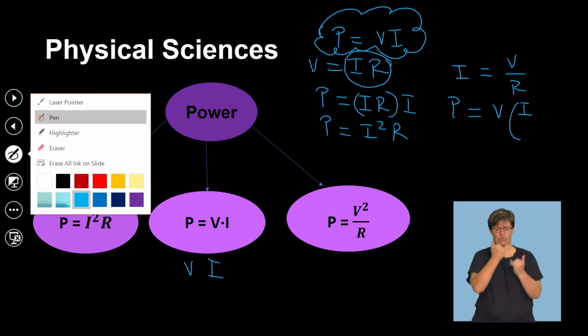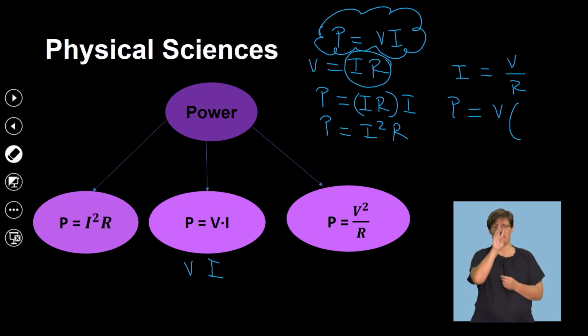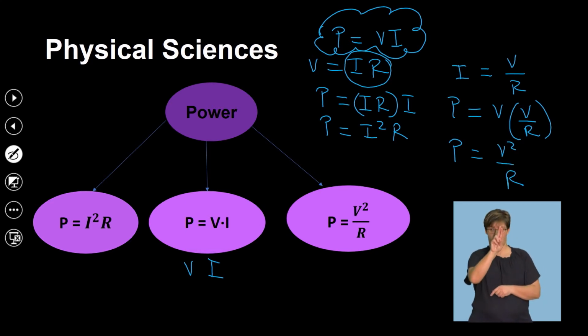So if we have the voltage, and that's our current, which is V over R, then this gives us P is equal to V squared over R. So these are the three formulae that we would use to determine power in an electrical circuit.